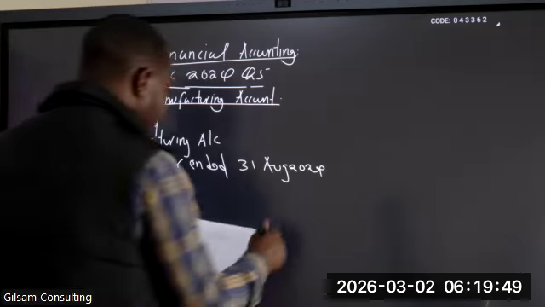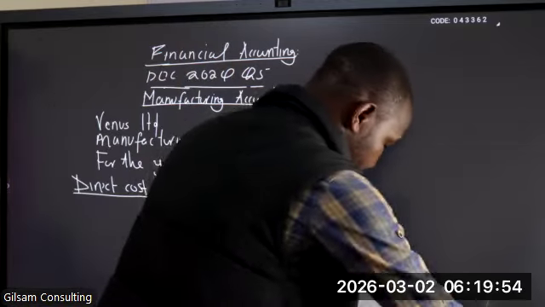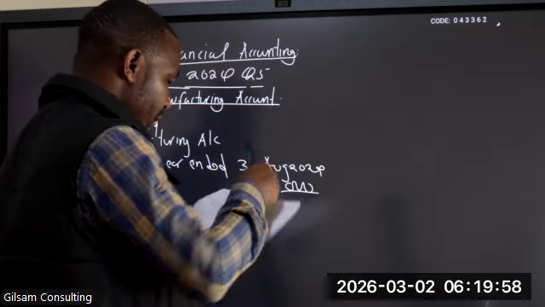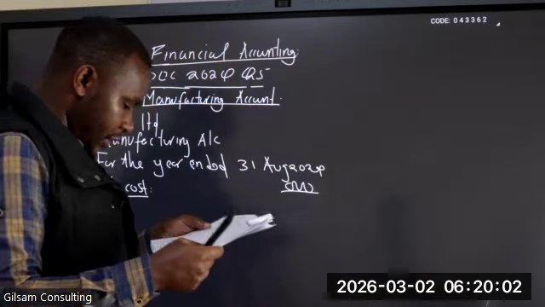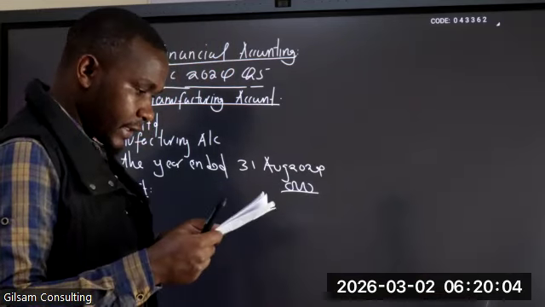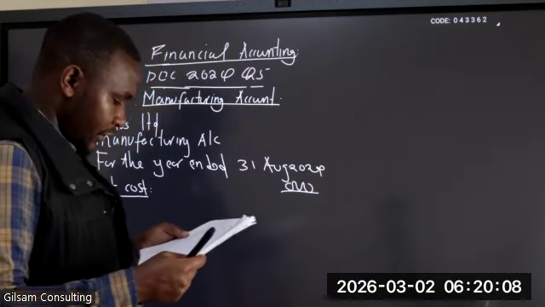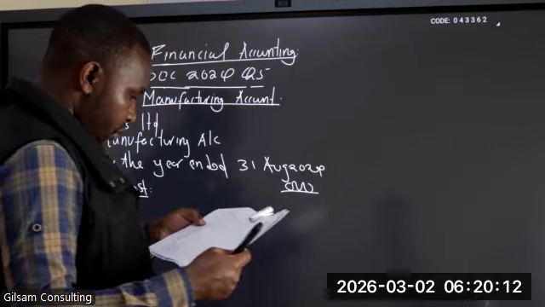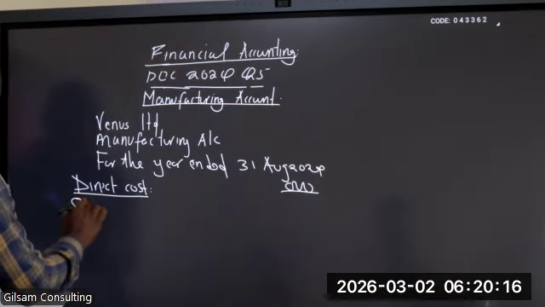For direct cost, we put the values in thousands. If we check the additional information, is there any direct cost? There is no direct cost in the additional information. So we go direct to start with the opening purchases of raw material.